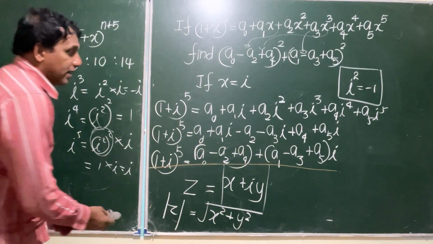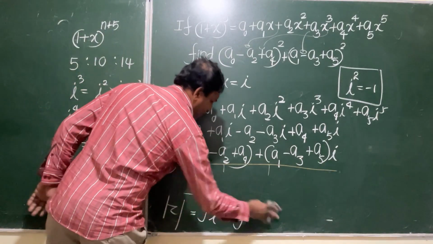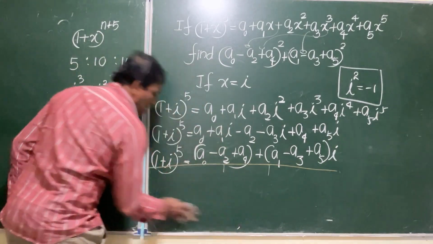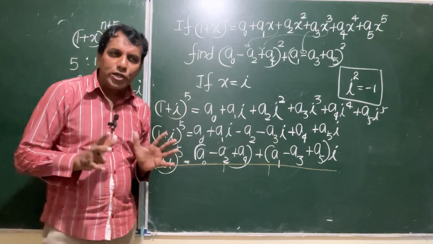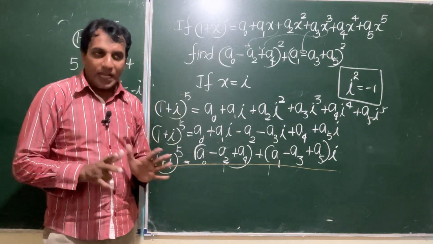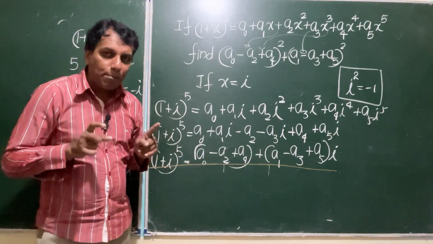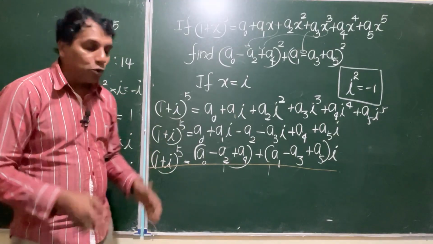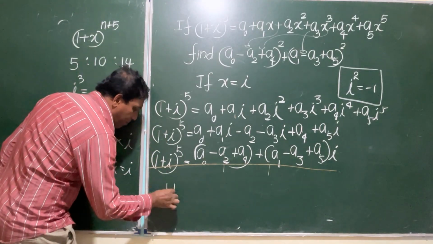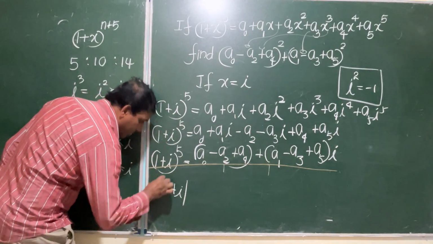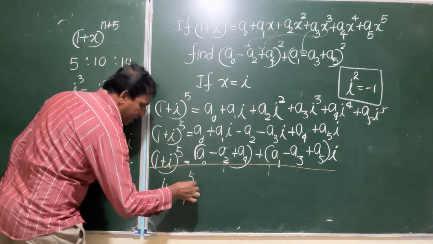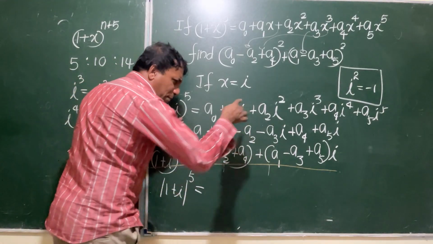So therefore, take the modulus of both sides. This is a complex number, so find the mod value or absolute value. So 1 plus i mod, but here the power 5 is available. Here also you can put the modulus.